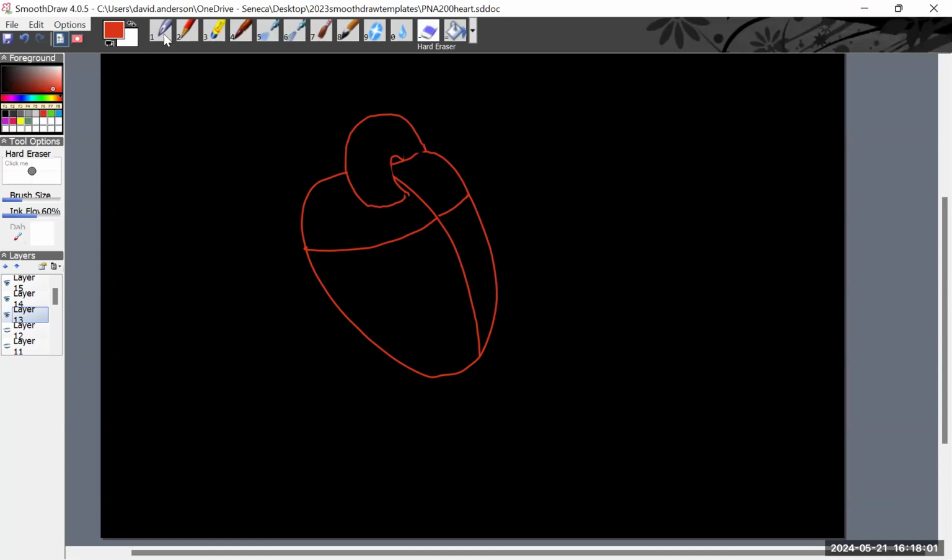Okay, so that represents the aorta, and the very first branches off the aorta are what are called the right and left coronary arteries.